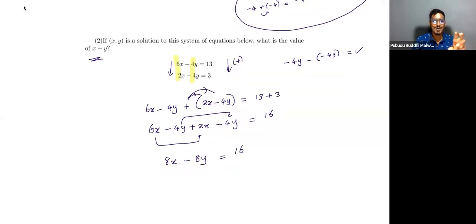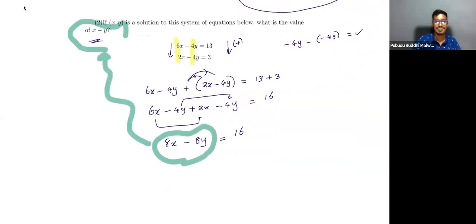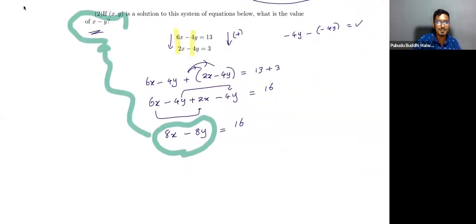Now, what's the path to get x minus y from 8x minus 8y? 8 times (x minus y) equals 8x minus 8y. Hence, I can take 8 out, because that's a common factor. Then we can divide both sides by 8. If that is confusing, use a different symbol for x minus y, like m.